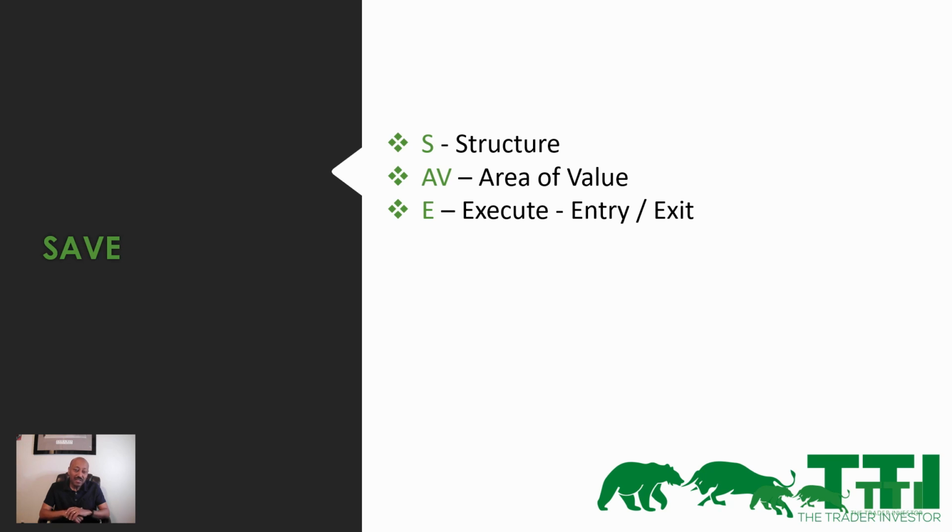It does not mean they work 100% of the time. It just means it gives us a higher probability of success, and it gives us a fantastic risk to reward ratio. As we are able to tighten our stops, we are able to gain higher rewards.